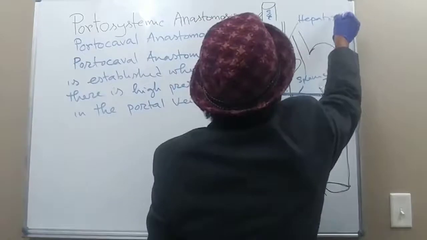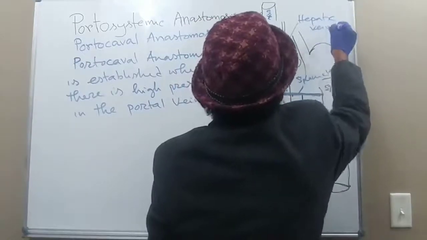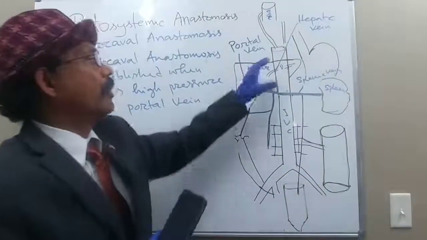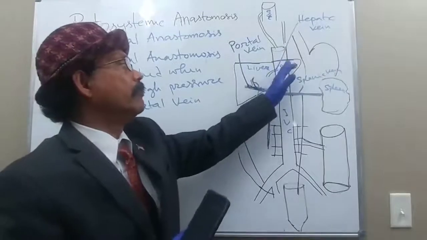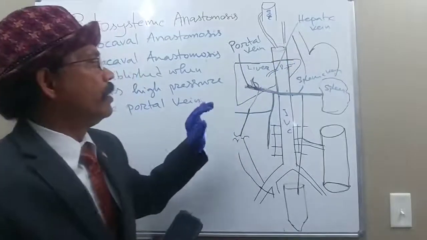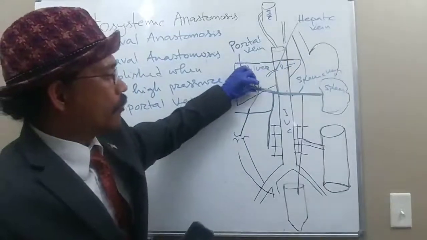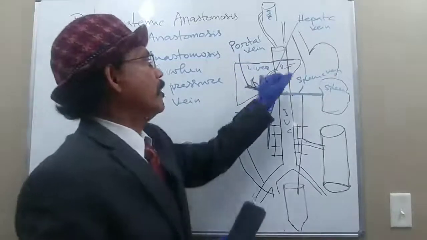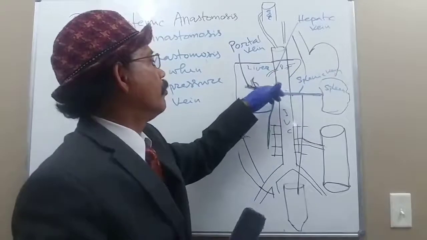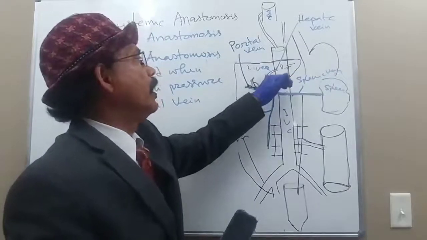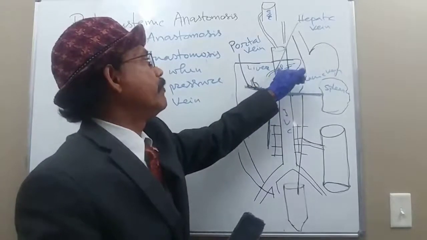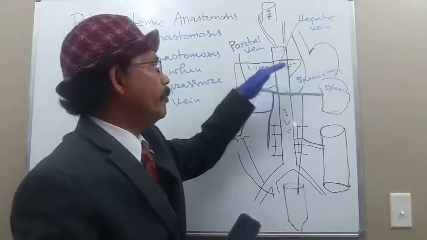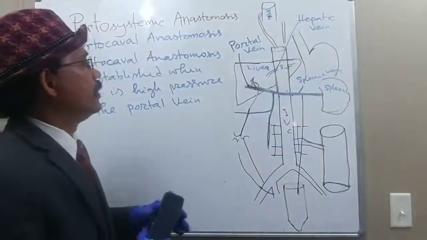But if there is high pressure in the portal venous system, what will happen? The blood returning to the inferior vena cava by the hepatic vein will be decreased.